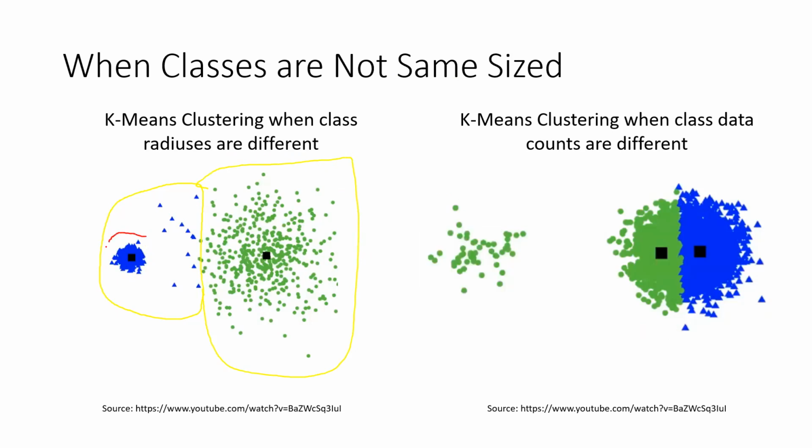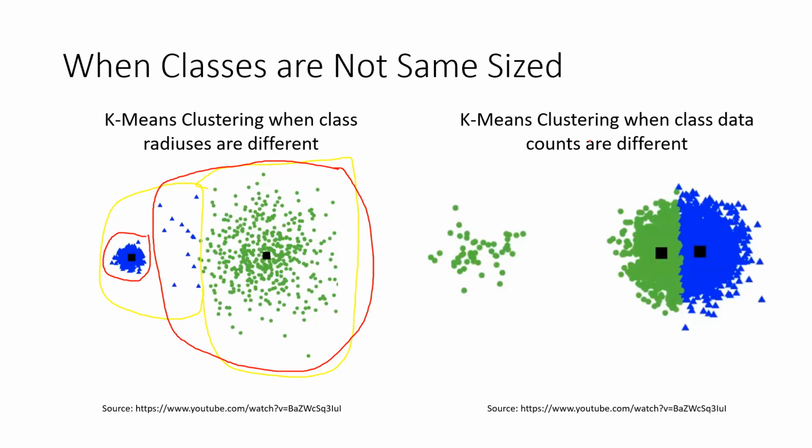So this is how the clusters should be defined in the real world, the red way, right? But how the clusters are defined by the k-means clustering is according to the yellow boundaries, right? That is the problem.